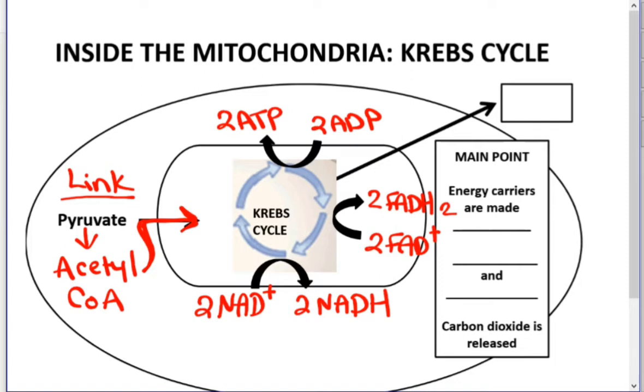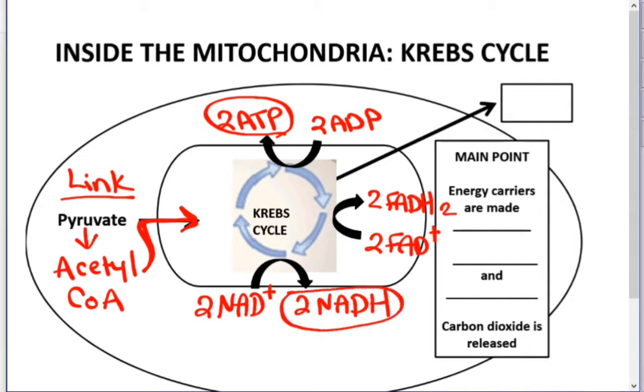Okay, so look, FAD plus, NAD plus, and ADP, are they being oxidized or reduced? They're reduced because they accepted the electrons from acetyl-CoA. Okay, so they're holding the electrons now. You can underline or circle the product if that makes it easier.